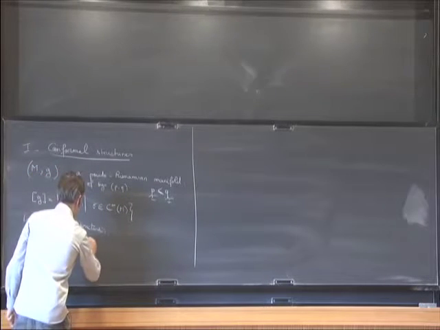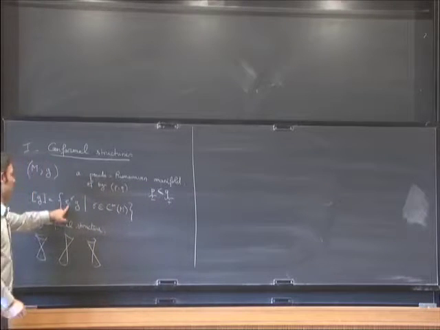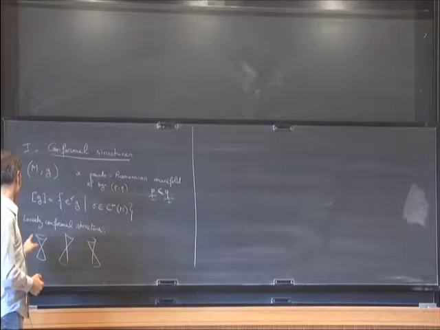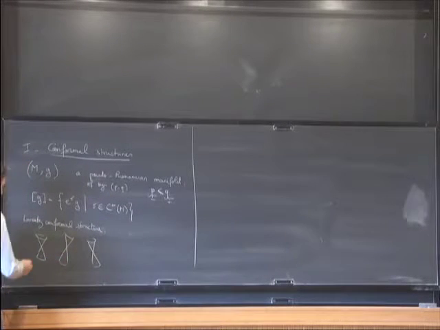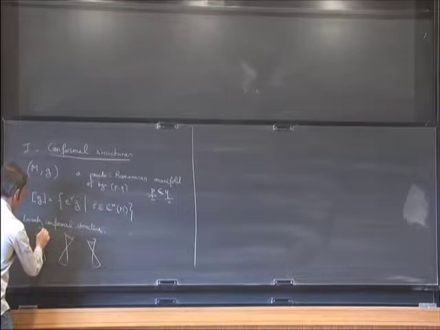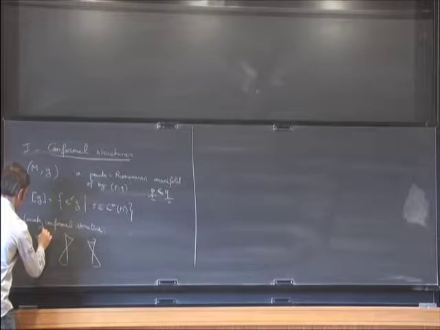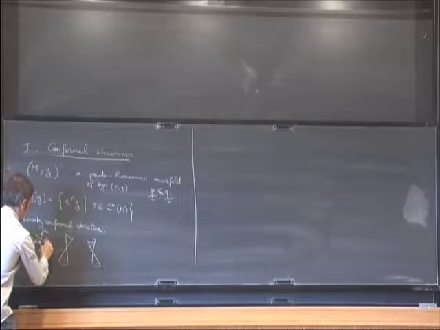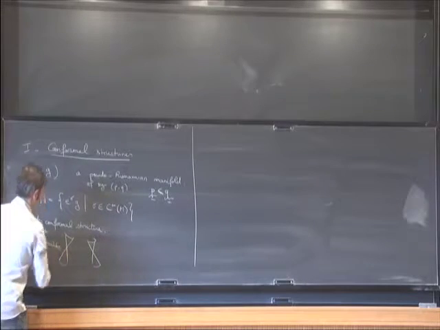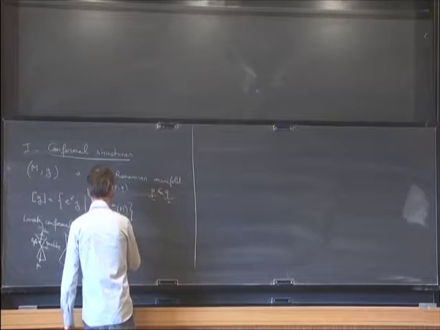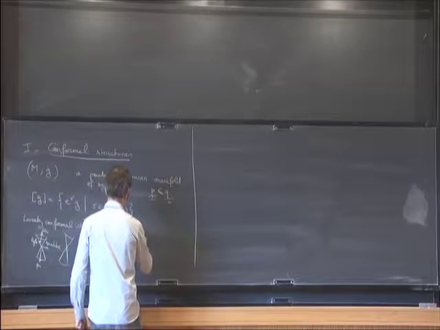And all the metrics in a given conformal class have the same distribution of cones. So you forget the metric, you still keep track of the distribution of cones, and what you get is more or less a causal structure on your manifold. Namely, you have a notion of future directed vector, past, light-like, and space-like.